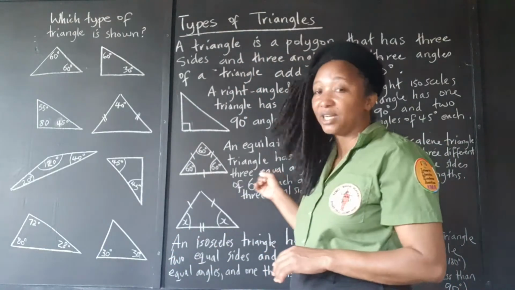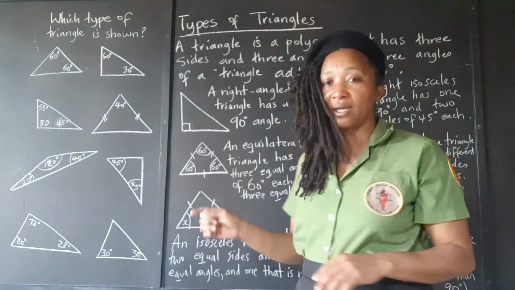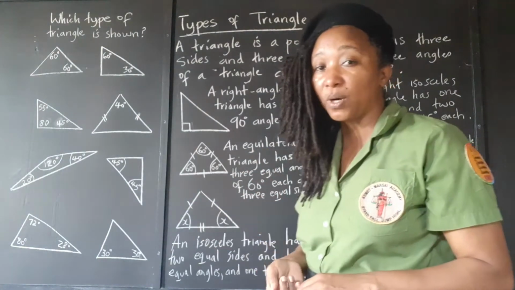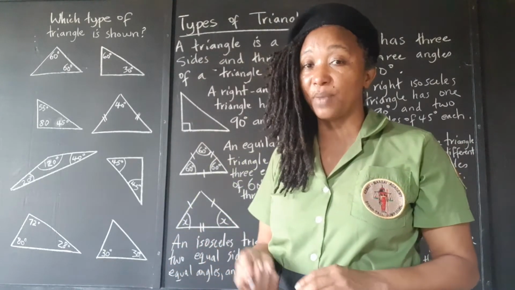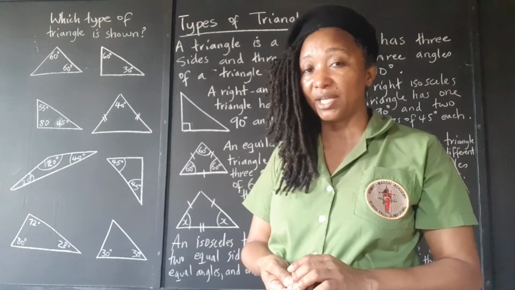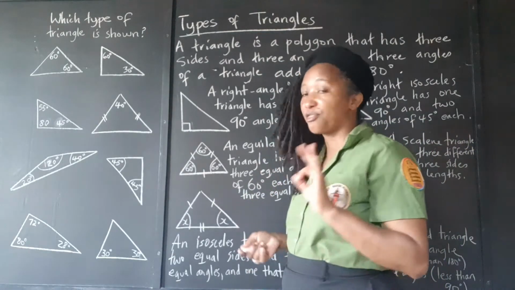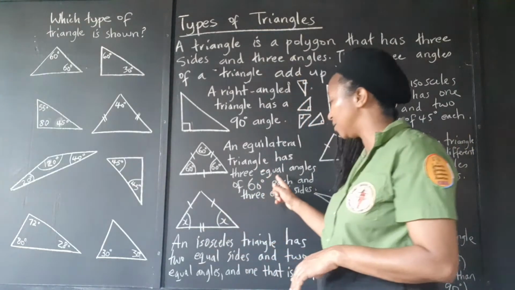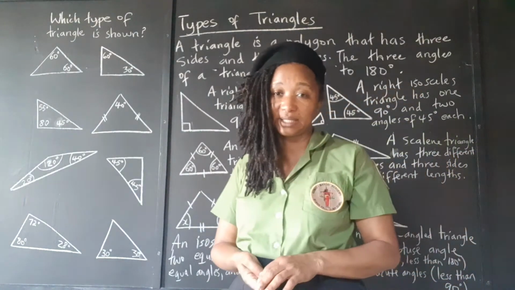Now the equilateral triangle. The prefix equi means equal, so you can use that as a guide to remind you what the equilateral triangle is. An equilateral triangle has 3 equal angles of 60 degrees each and 3 equal sides.